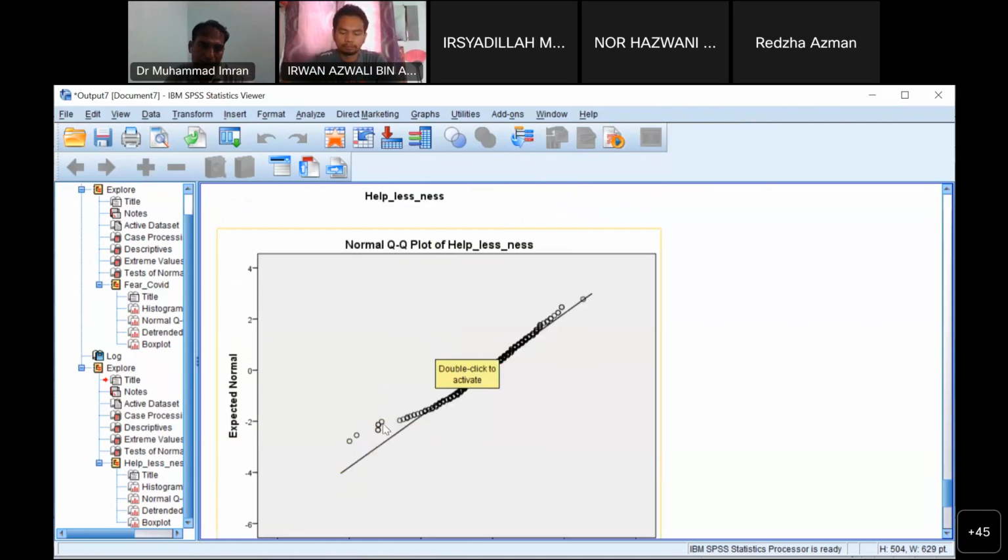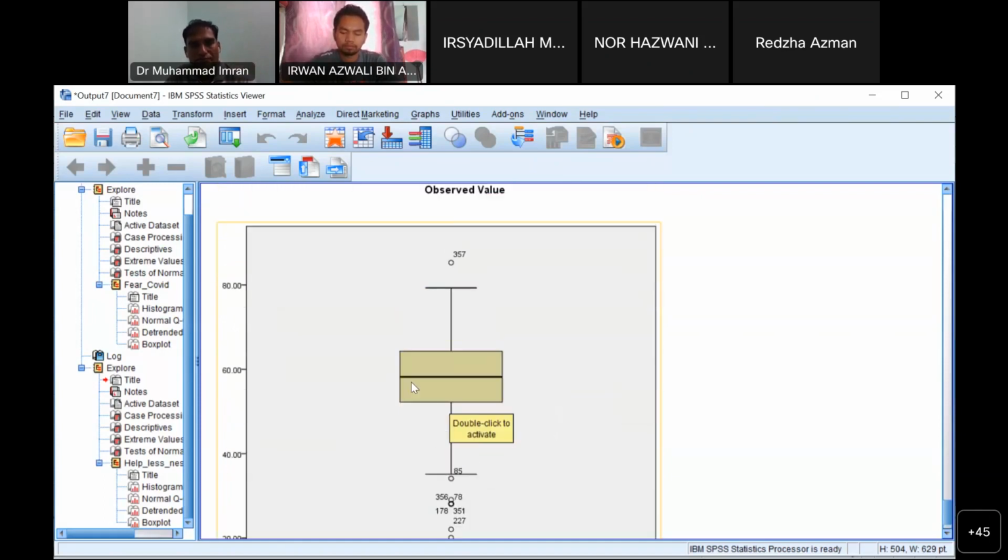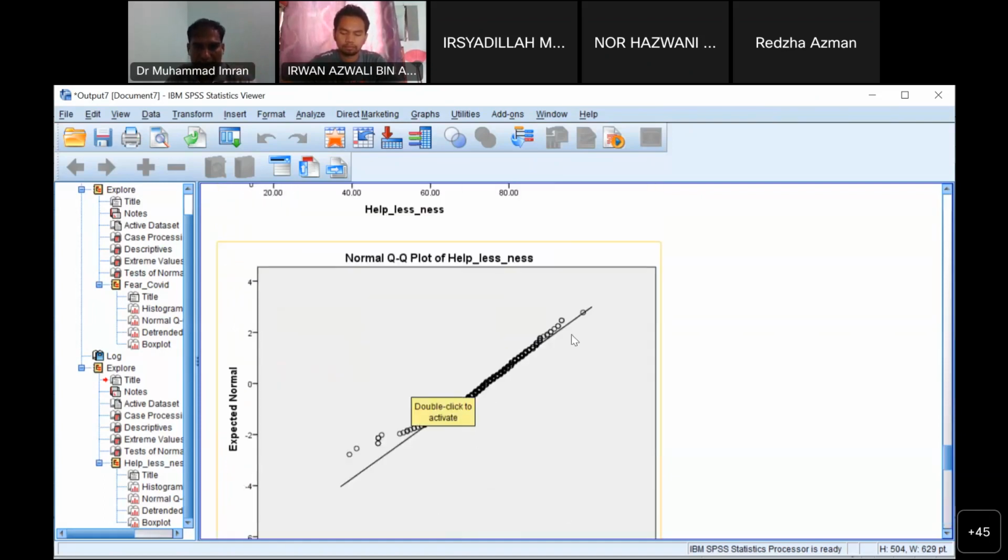See here, here is a problem, from the start to here. Still, we can move on with the analysis, no problem, still acceptable, because most of the points are on the line. That's why we are using two criteria.